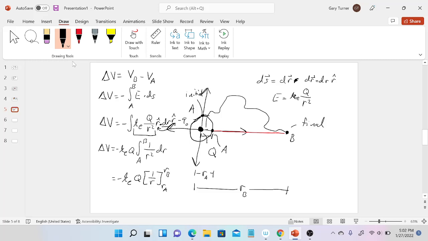Okay. And we've got negative KEQ times 1 over RB minus 1 over RA. And I need to include this minus sign.